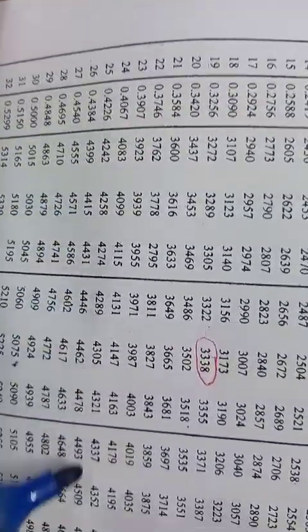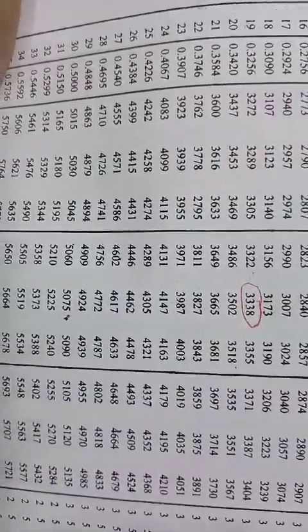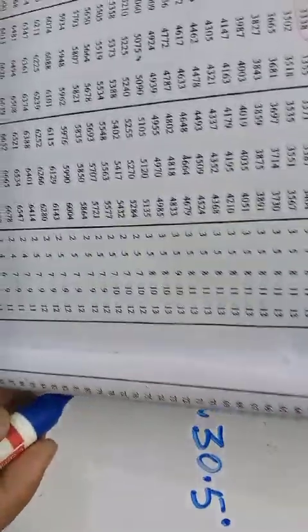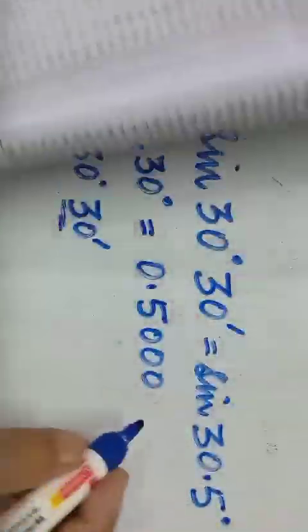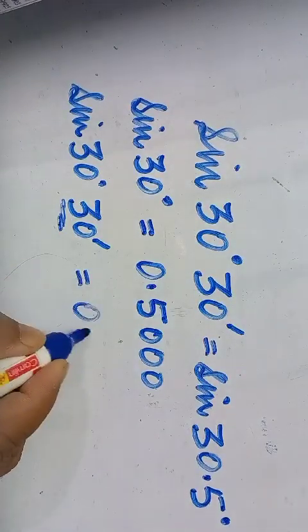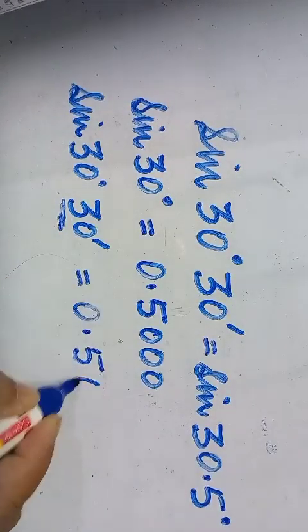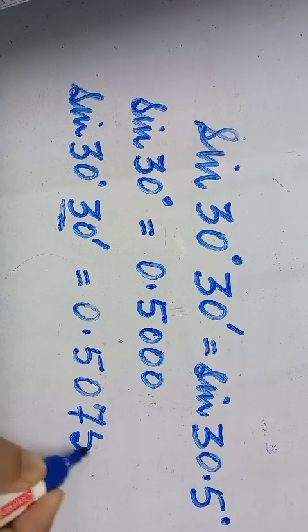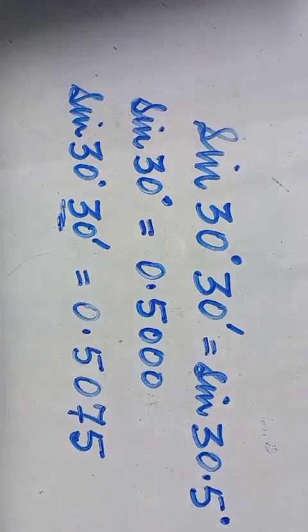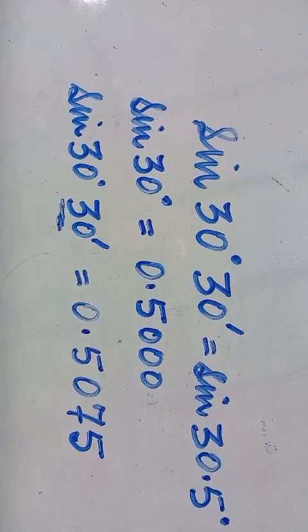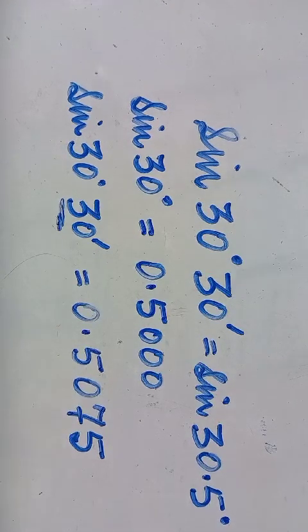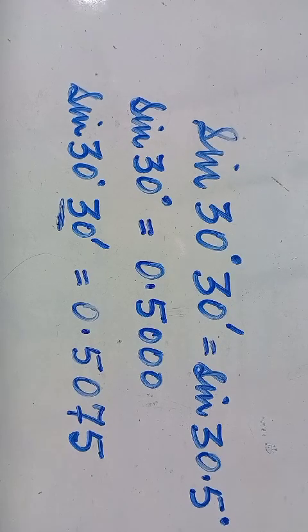In all the other subsequent columns they have not mentioned that, but it is understood that the value has a decimal sign. So what is our value? Our value is 0.5075. Okay, this is the way in which you will find out the sine of any non-standard angle or any angle which is expressed in terms of degrees and minutes.